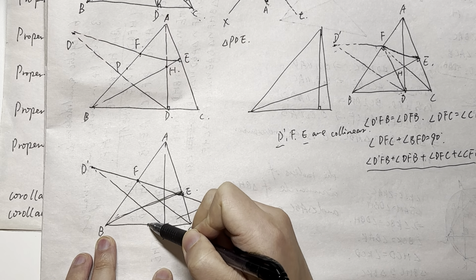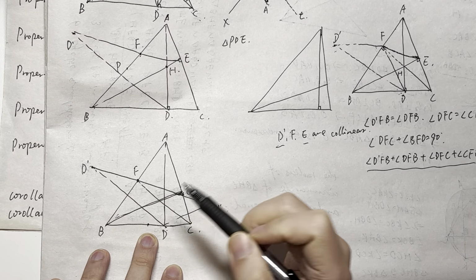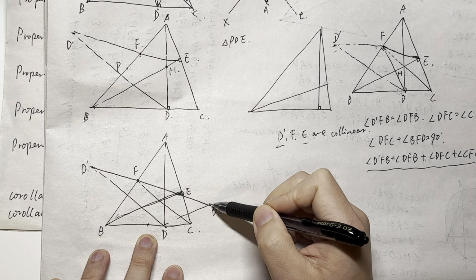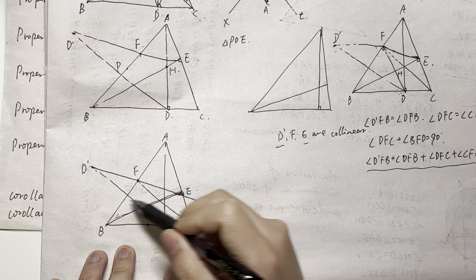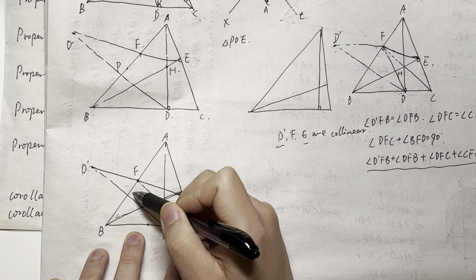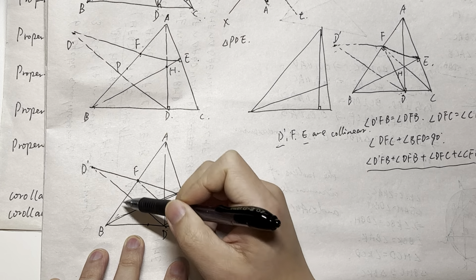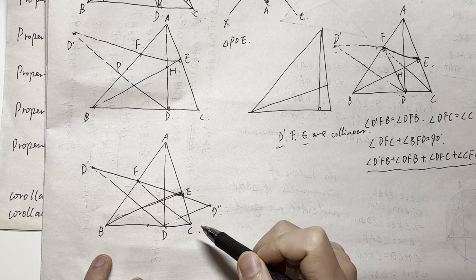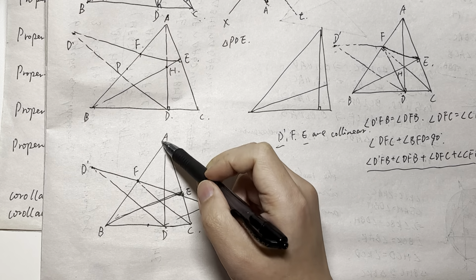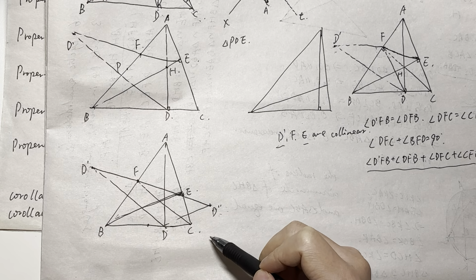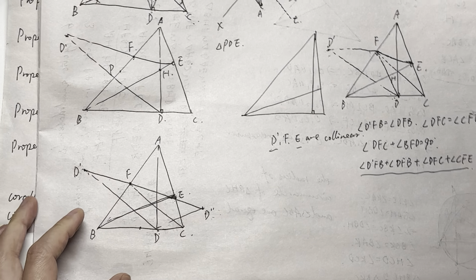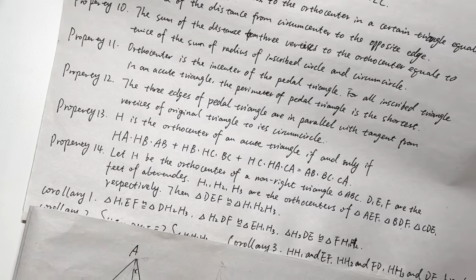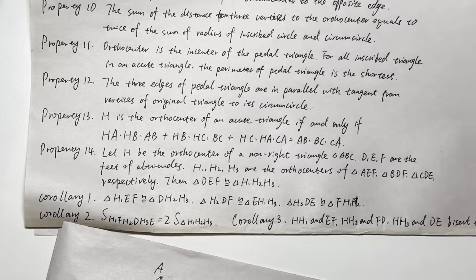We just fix a point D here, then the method would be the same: we use this method to find F and E, and then we fix the points that we found of F and E, and then we're looking for the point D. We would eventually come to AD being perpendicular to BC. Okay, so I'll just stop here. That's for property 11.